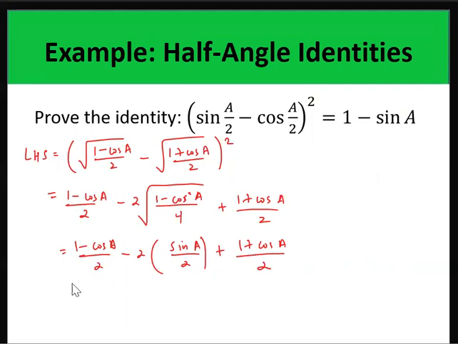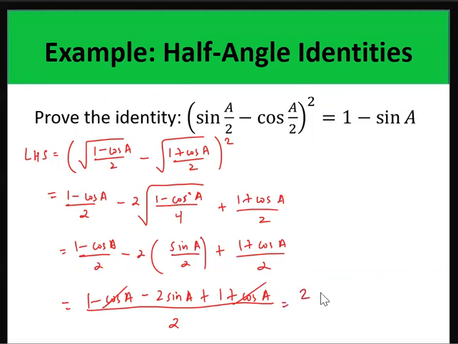So if we're going to add all these, since all the denominators are 2, then we have 1 minus cosine of A, and then minus 2 sine A, and then plus 1 plus cosine of A. In this case, negative cosine A and positive cosine A will cancel out. 1 plus 1 is 2.